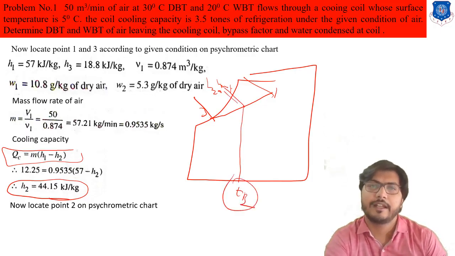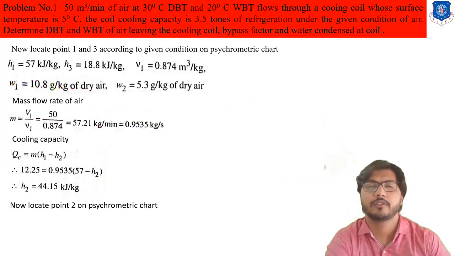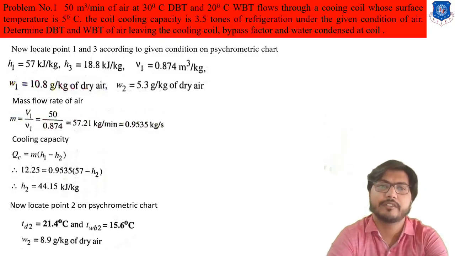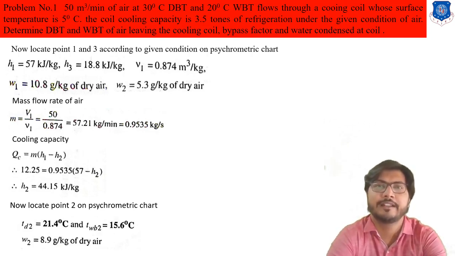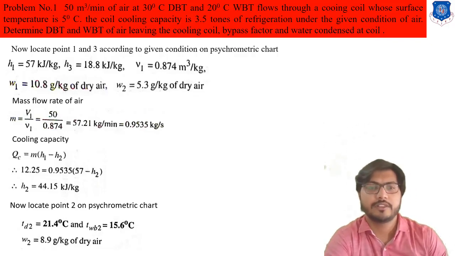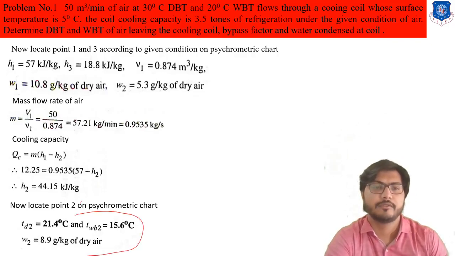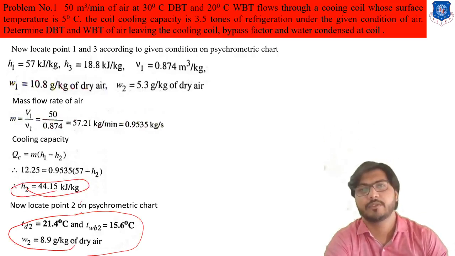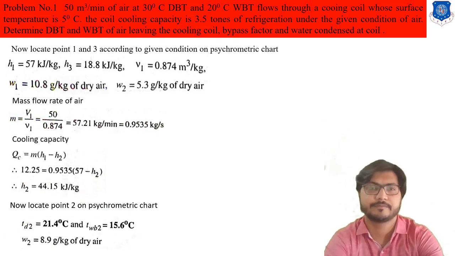First, the enthalpy which crosses this line 1 to 3 line, okay, and then we calculate TD2, that is 21.4 degrees centigrade, and the wet bulb temperature 15.6 degrees centigrade, and the specific humidity 8.9 gram per kg of dry air. These are all the values from the psychrometric chart corresponding to this enthalpy.